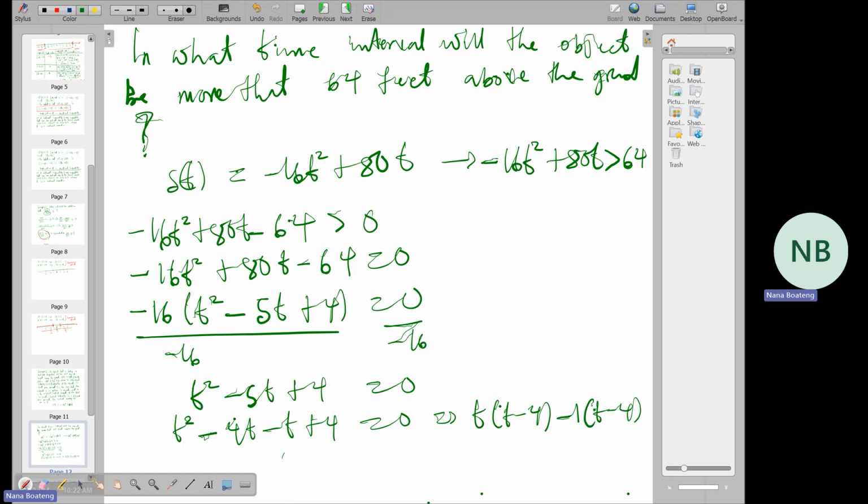So we have t minus 4 times t minus 1. Our boundary points are t equals 4 and t equals 1.